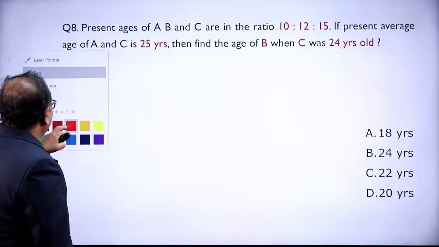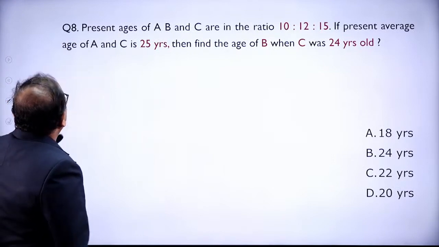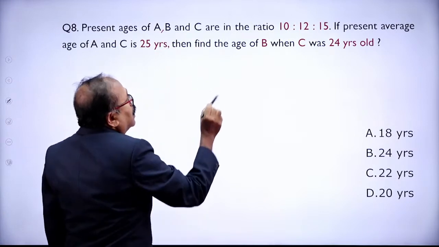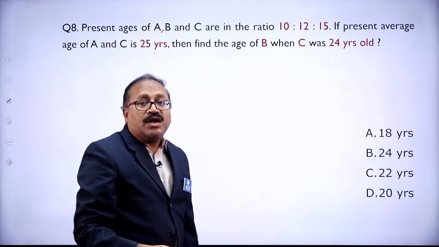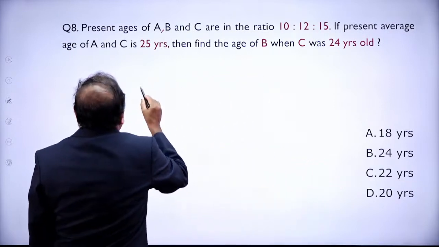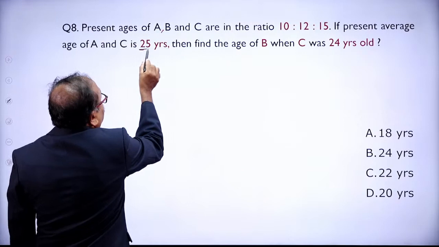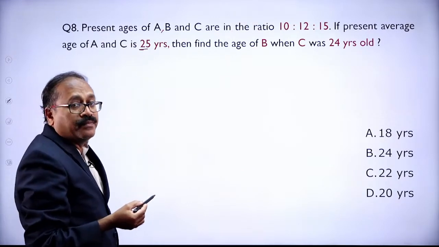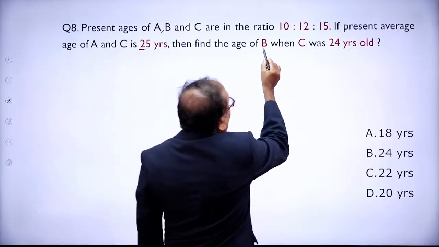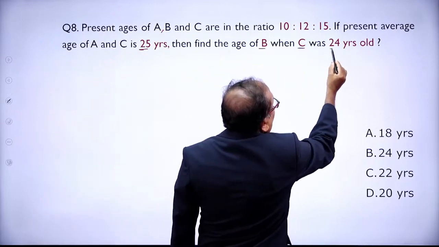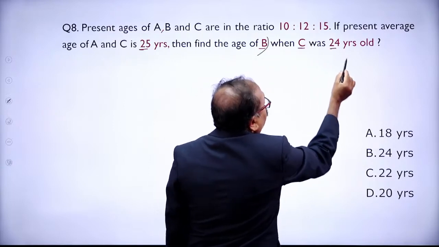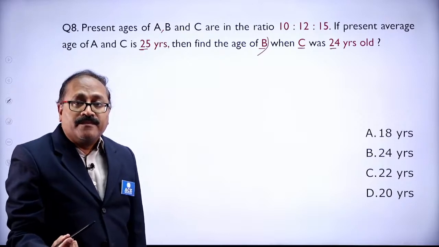Now, what is this question? Check over here. It says that the present ages of A, B and C are in the ratio of 10:12:15. If the present average age of A and C is 25, then find the age of B when C was 24 years old.